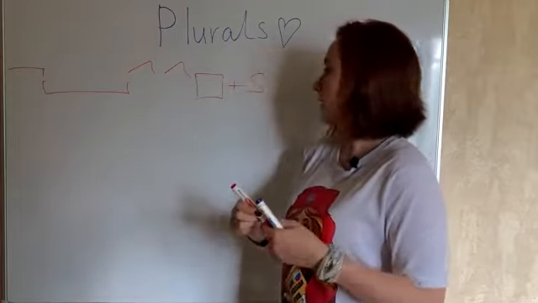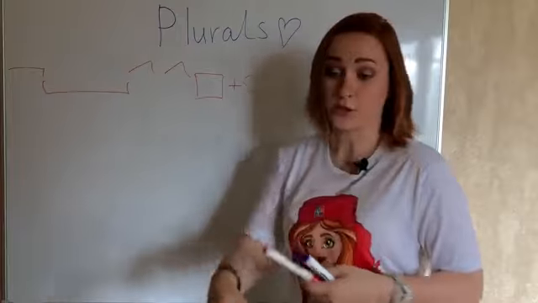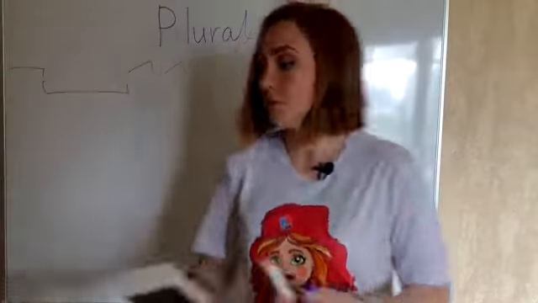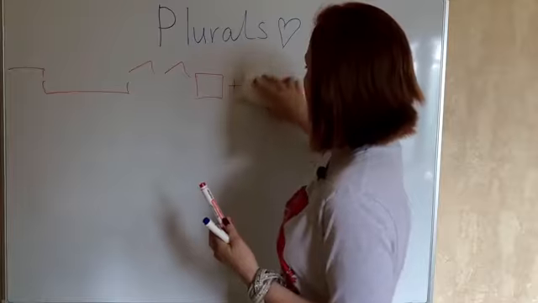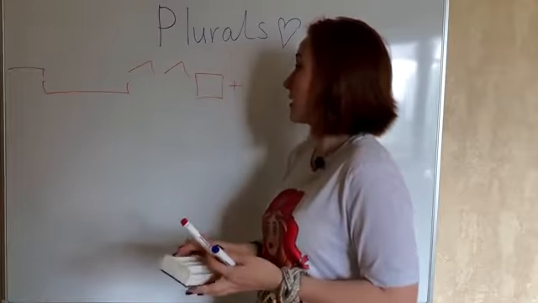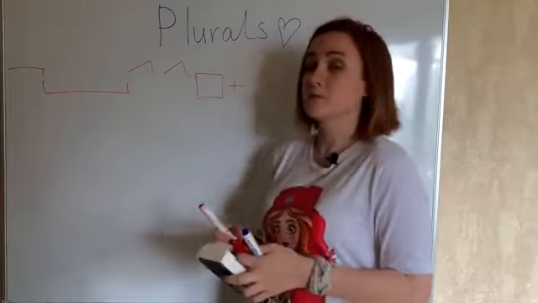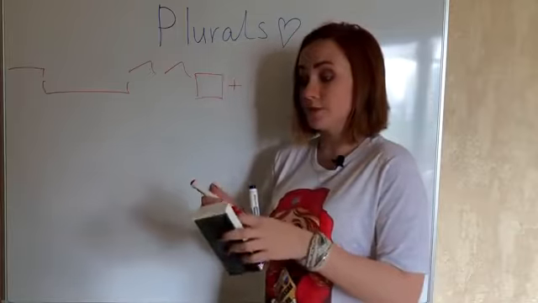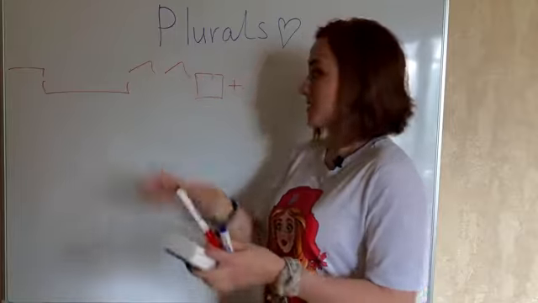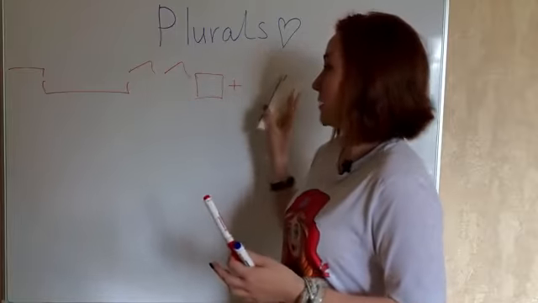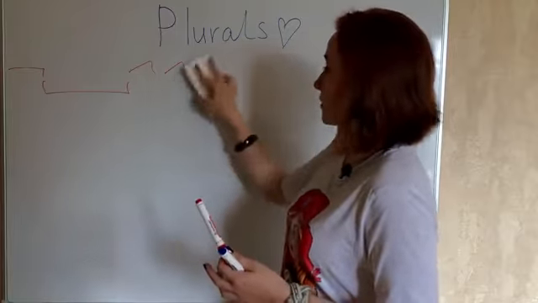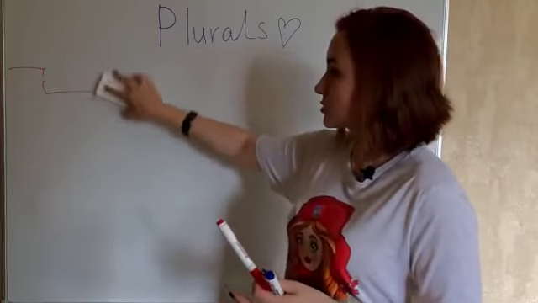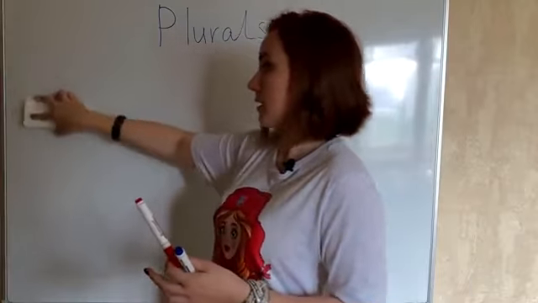Not gonna work in Russian. In Russian, usually, you change the ending, or sometimes you add an ending if it doesn't have any. We'll see what I'm talking about in a minute, but remember that it's just a little bit more tricky than in English.